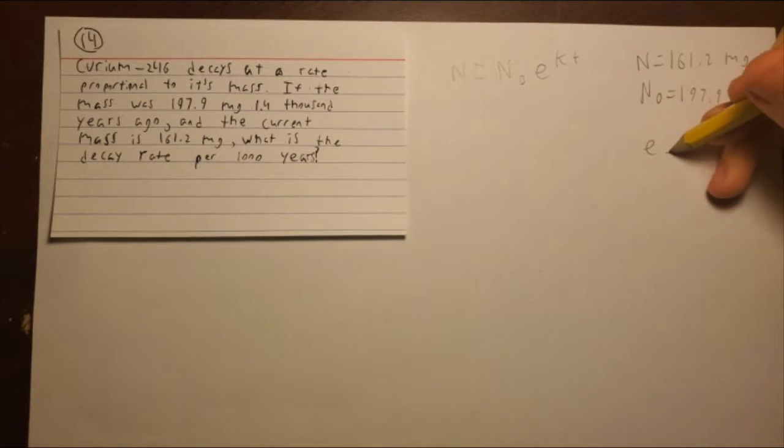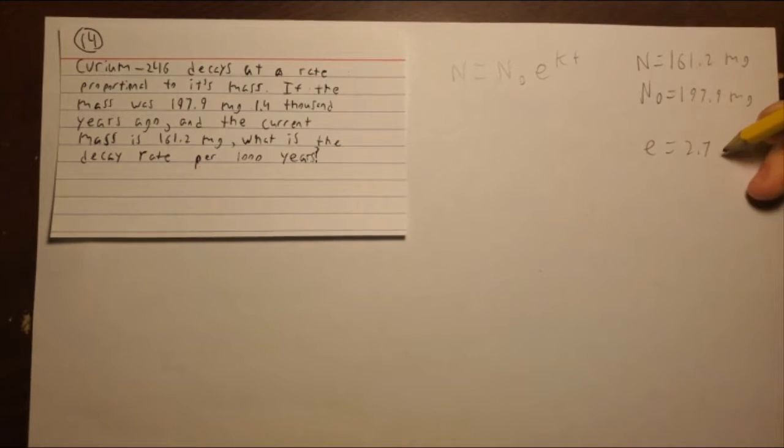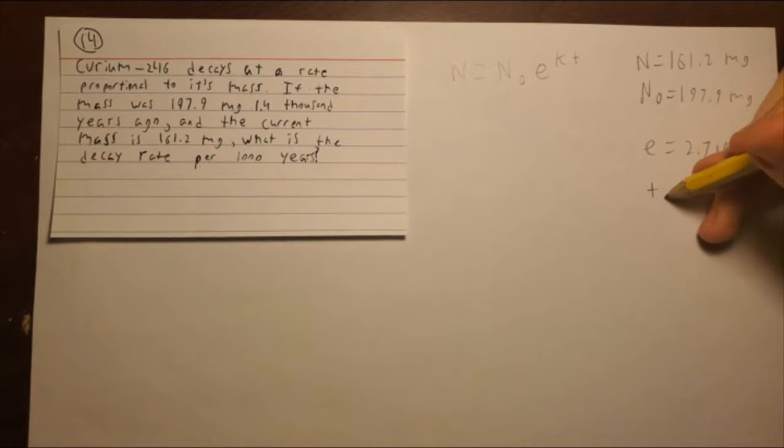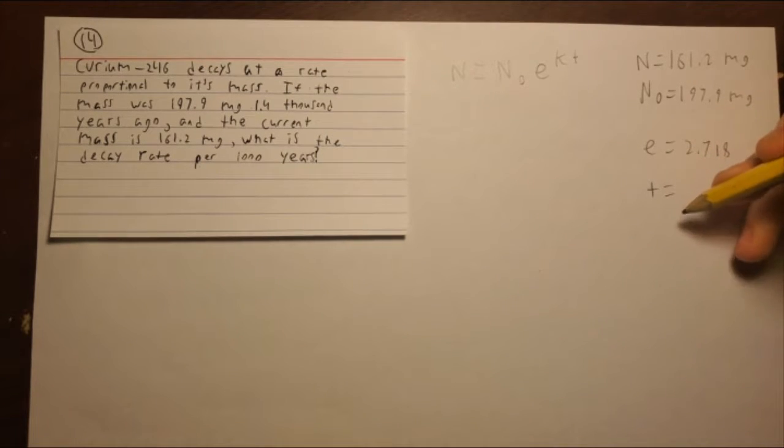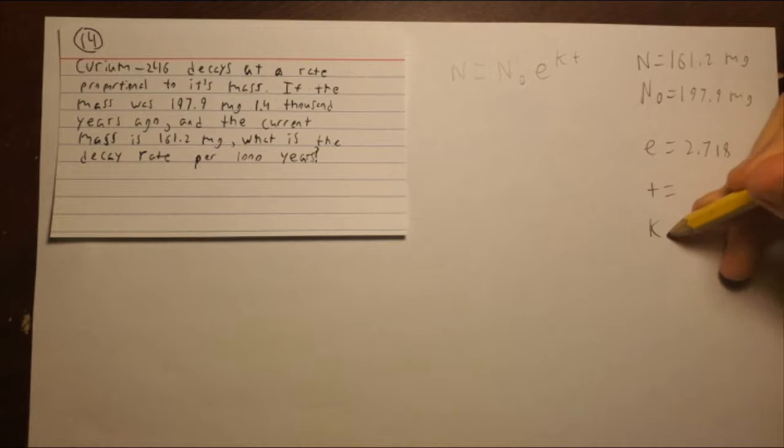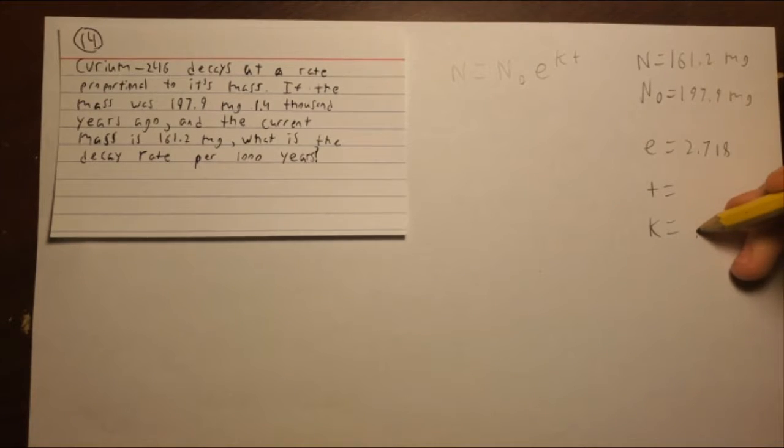E we already know is 2.718 approximately. Then after that we know that T, well we actually don't know T, so we'll come back for that, but the actual unknown is k, and so that's our unknown.